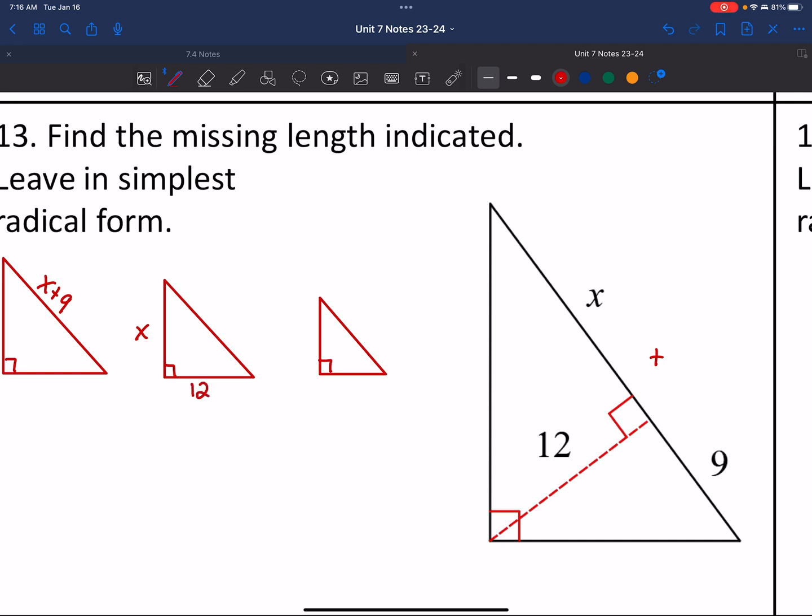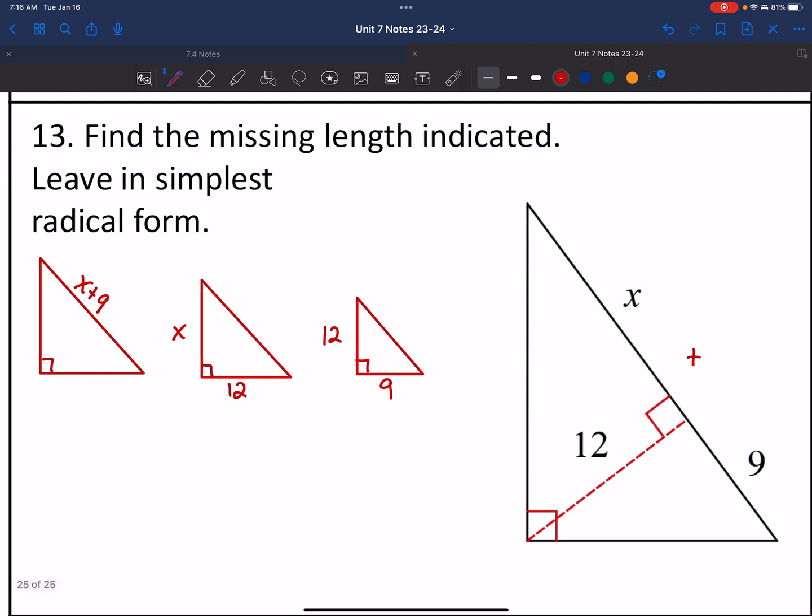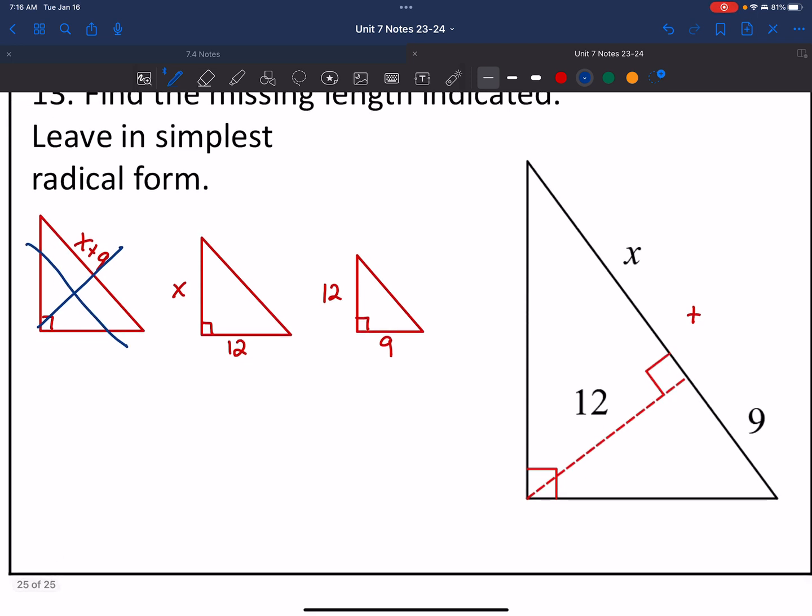And on the small triangle at the bottom here, we've got 12, which is this left side, and 9, which is this bottom side. They only give us one piece of info on the big triangle, so I don't need that one for this, but I'm going to focus on the other two. On the medium triangle, I got x and 12. On the small one, I've got 12 and 9.